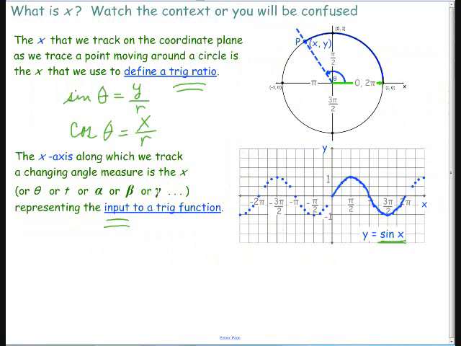I want to go back for a moment, just take a look at this. At angle 0, which is right here, the sine function, which is y over r, is equal to 0. So at angle 0, the function, which is measured vertically, is 0. If we were looking at cosine, the cosine at 0 is x over r, or 1, and that would be graphed right here, going to 0 as we go to 90 degrees.